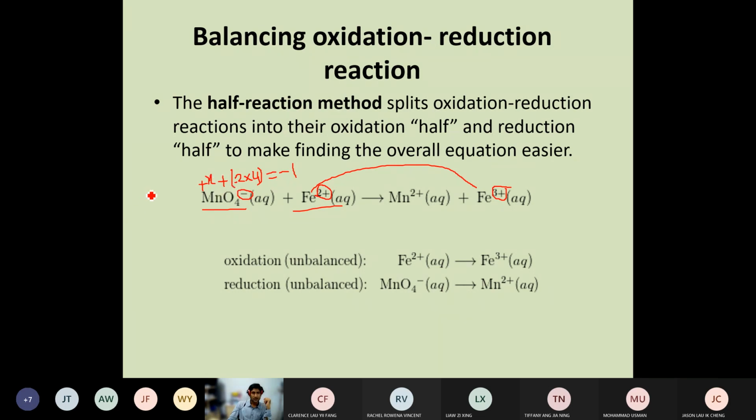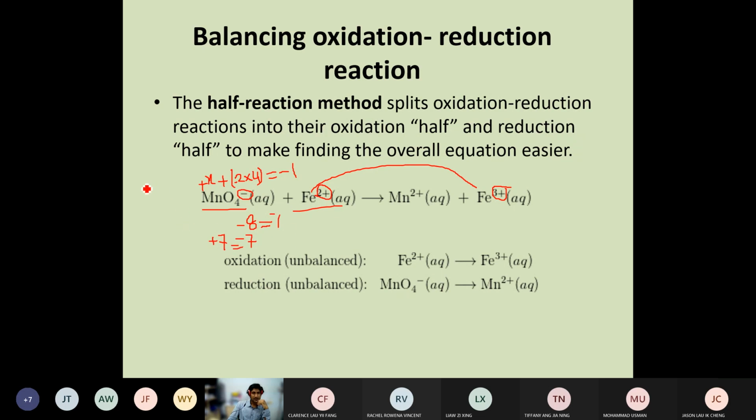So it will be -8. -8 minus 1 is equal to -1, so if we bring this -1 to this side, it will be -7, right? So X has to be +7, only then the equation will equate, right?